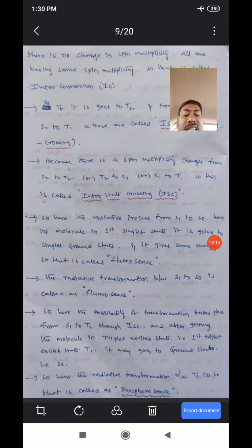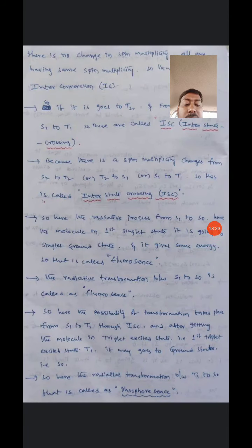After the molecule reaches the first triplet excited state, that is T1, it may go to the ground state, S0. The radiative transformation between T1 to S0 is called phosphorescence.